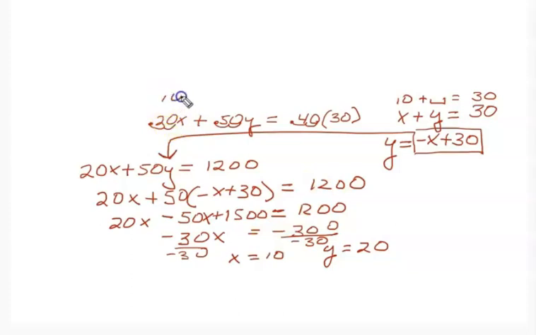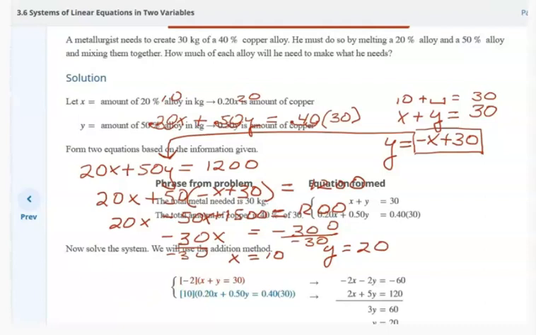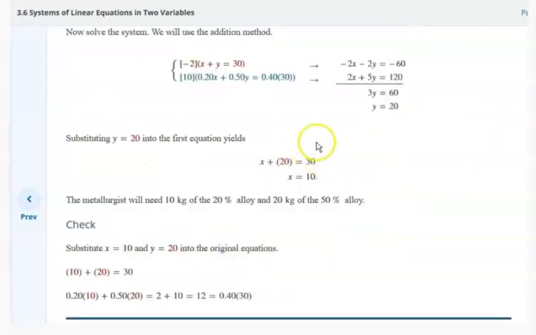So we'll need 10 kilograms of that and 20 of that to give us a mixture of 40% of the 30 that we need altogether. Wow. All right, let's take a look back at what the board is going to show us. And hopefully you have this in your notes. And there is the solution from the textbook. And of course, this is what we have as well.